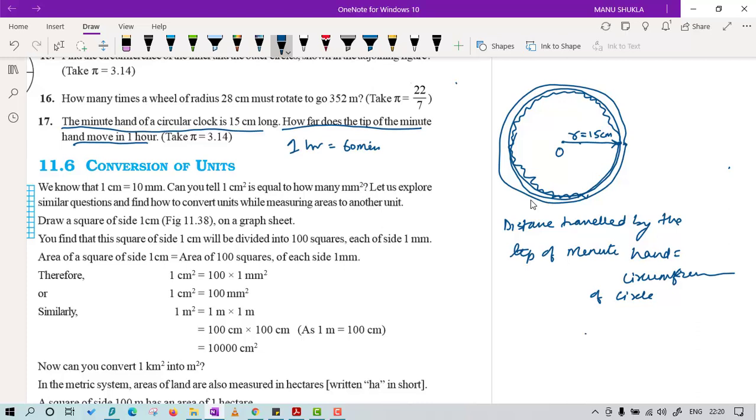Just put the value and you'll get the answer. 2 pi r. Pi is given to you as 3.14 and r is given to you as 15 centimeter. Just multiply these three and you will get the answer. It will come around 94.2 centimeters. That is the distance moved by the tip of the minute hand in 1 hour. Okay. Thank you.